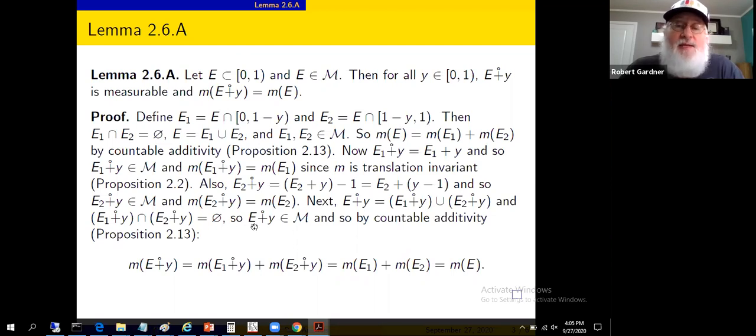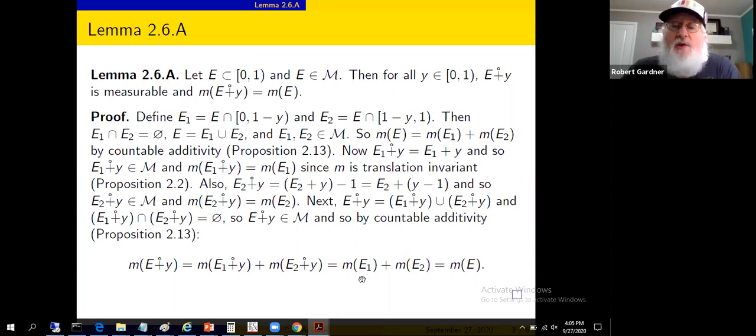We've written E circle plus y as a union of two measurable sets. We commented a few lines ago that both of these are measurable. So E circle plus y is measurable. And we've got countable additivity on measurable sets. So the measure of E circle plus y is the sum of the measures of these disjoint pieces. We saw the measures of these disjoint pieces were equal to the measures of the untranslated parts, E1 and E2.